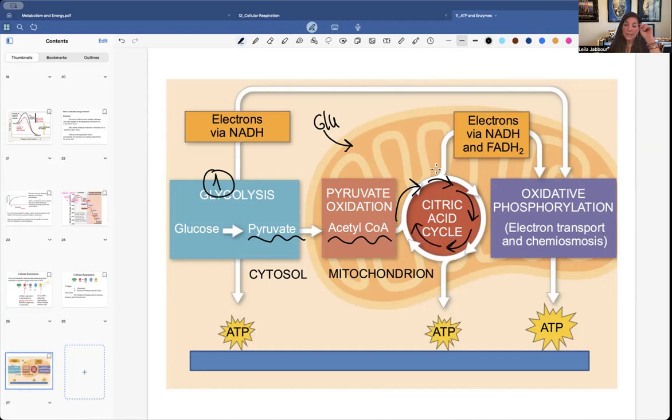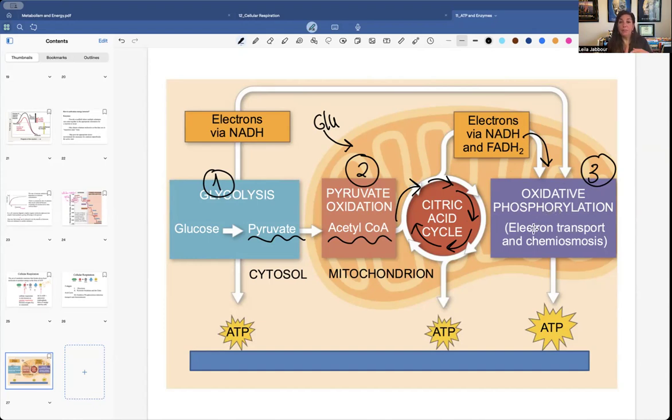And it's within that cycle that we're going to have NADH and FADH2 formed, and they will be used in the third phase of the cellular respiration. So this was the second phase. This is the third phase. It's called oxidative phosphorylation.